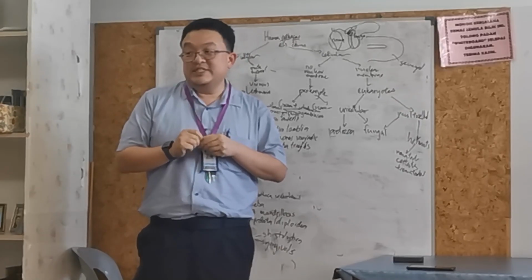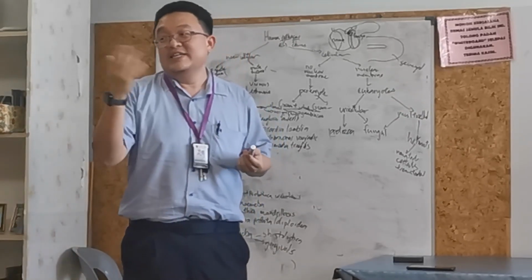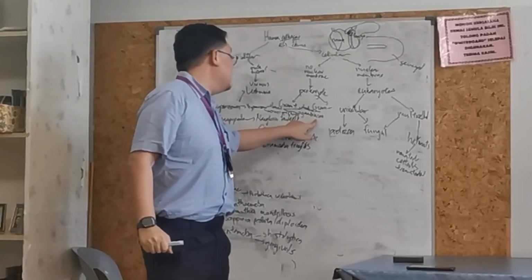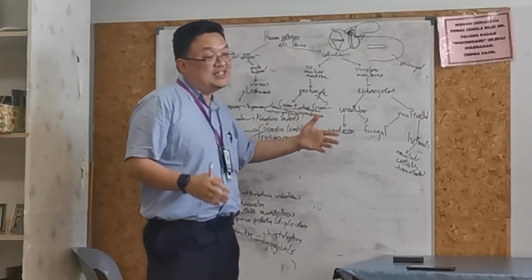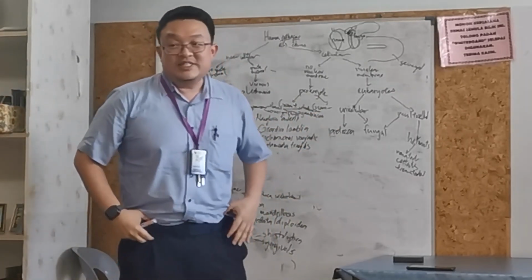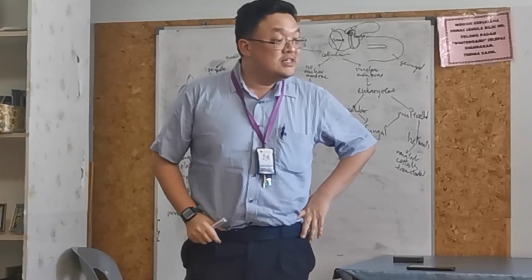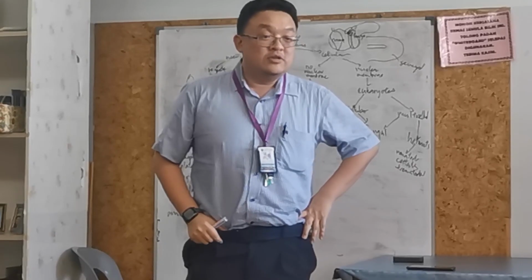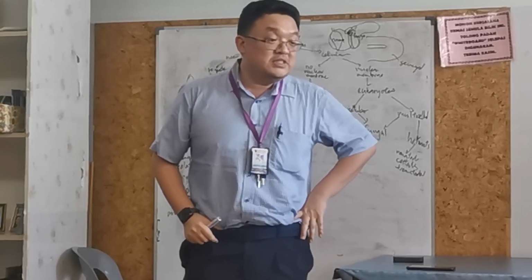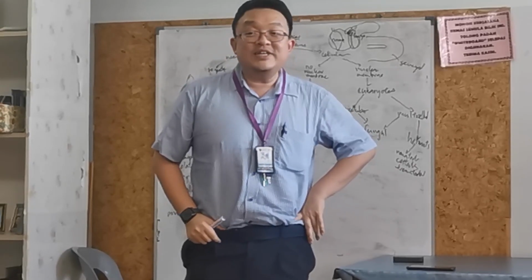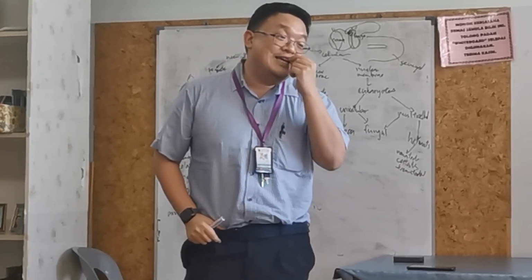So rhodesiense is named after Rhodesia. Gambia is West African sleeping sickness, and Rhodesia is East Africa. Rhodesia is named after Cecil Rhodes. Who knows Cecil Rhodes? Every year there's a Rhodes Scholarship, isn't it?